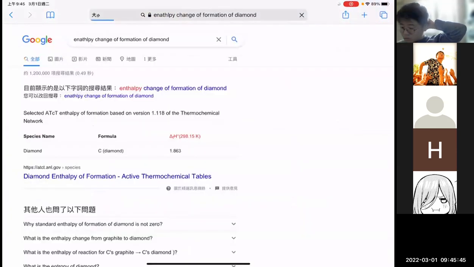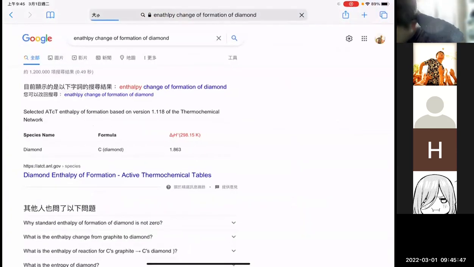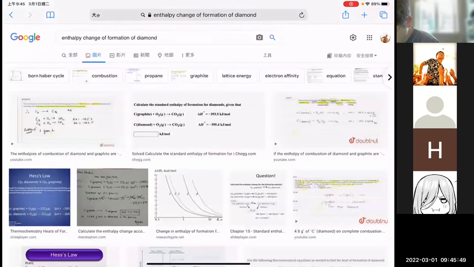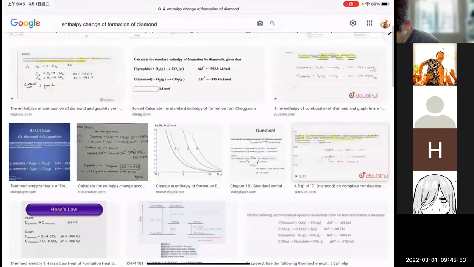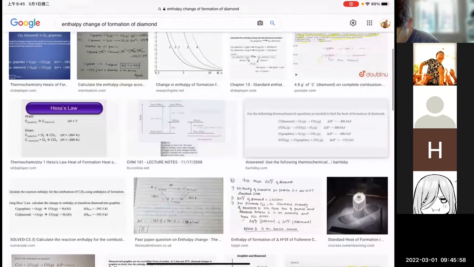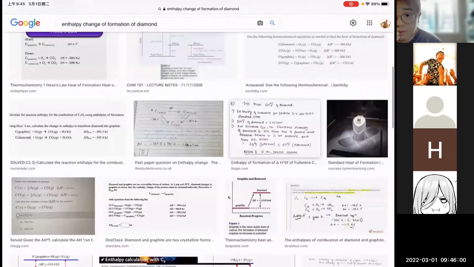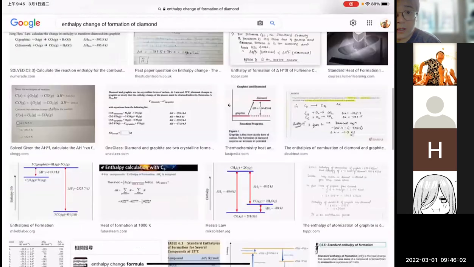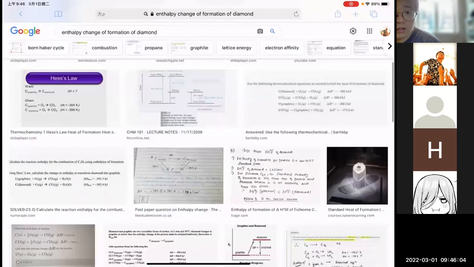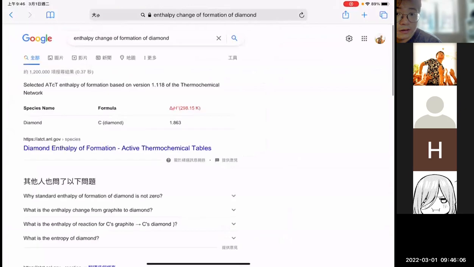So what do you find about the data? I'll give you some time to search for it now. Can you see the word?